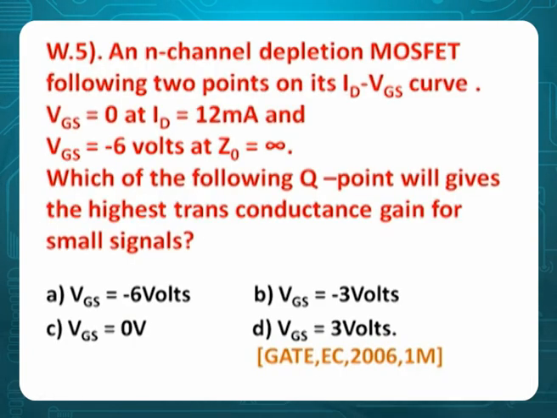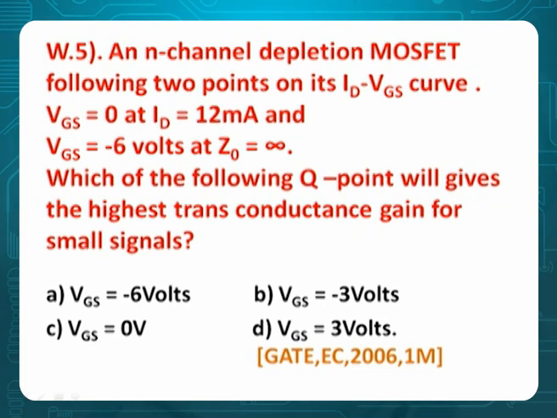Problem 5. An N-channel depletion MOSFET has 2 points on its ID-VGS curve. At VGS equal to 0, ID is 12, and at VGS equal to minus infinity, ID is 0. Which of the following Q points will give the highest transconductance gain for small signal?